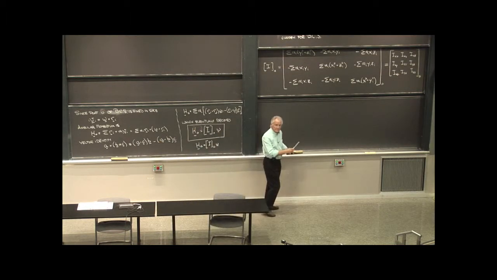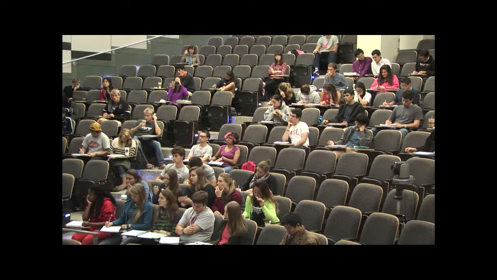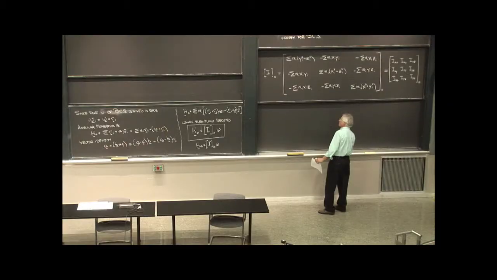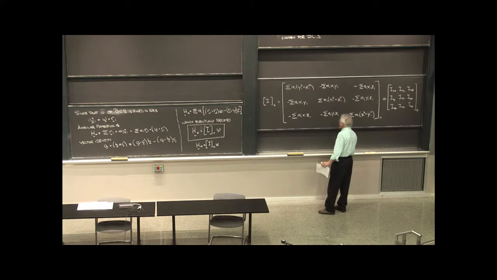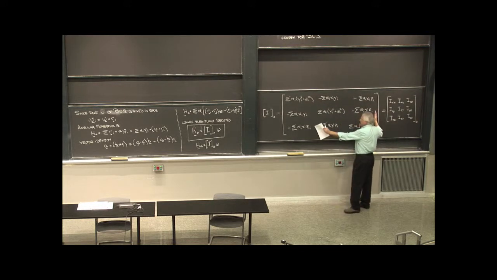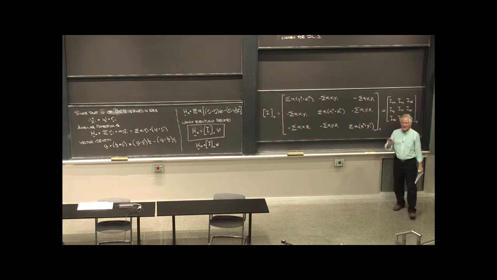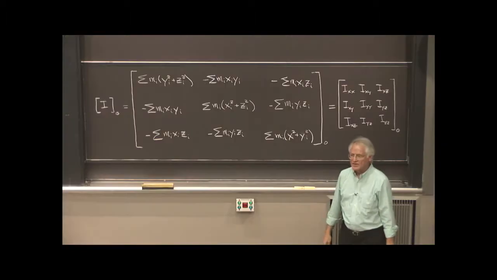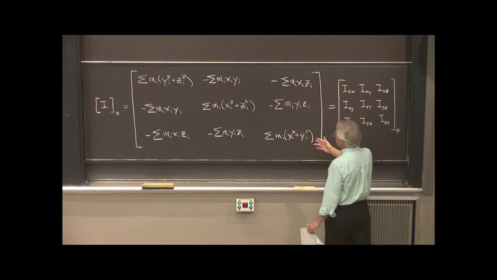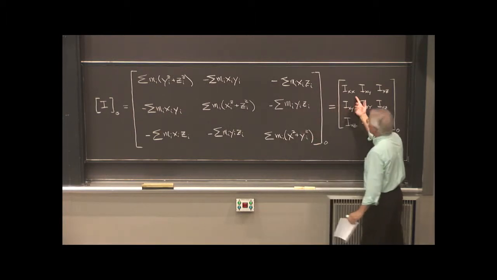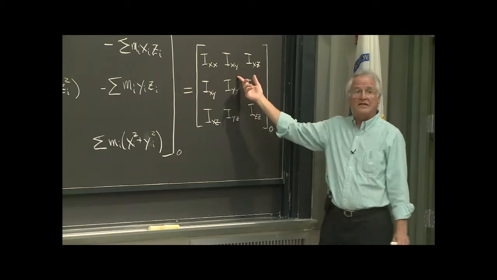Questions, comments? Okay, let me simply say, just to review the bidding here, the moment of inertia matrix is 3 by 3. It's got 9 numbers in it. They are referred to symbolically thusly.